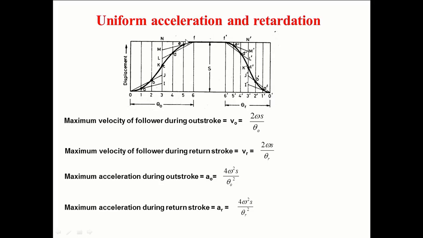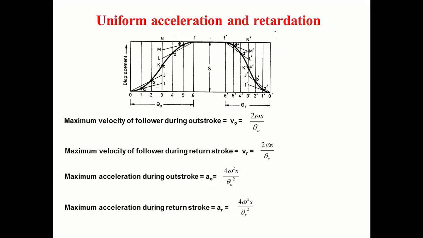Rise of the follower is also called outstroke. Outstroke during rise, during return stroke, during fall of the follower, during return of the follower. You need to remember these equations.